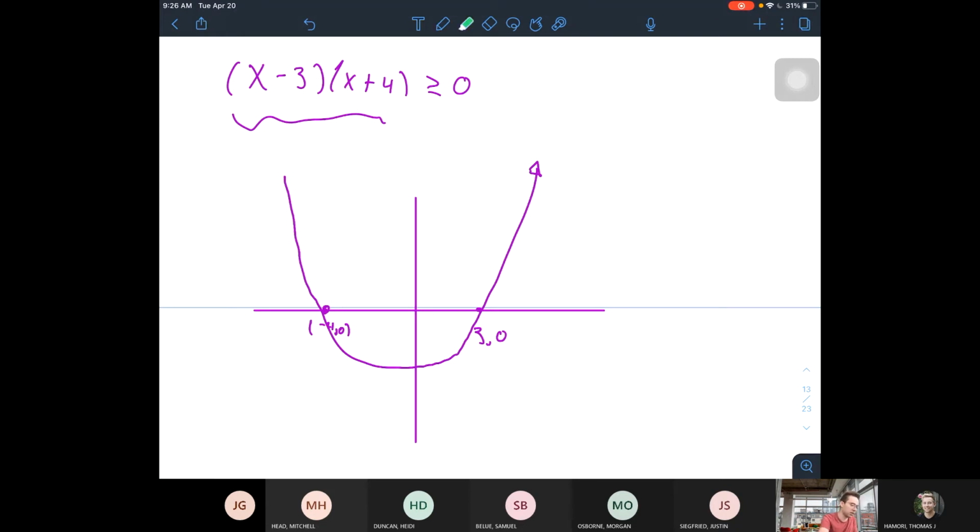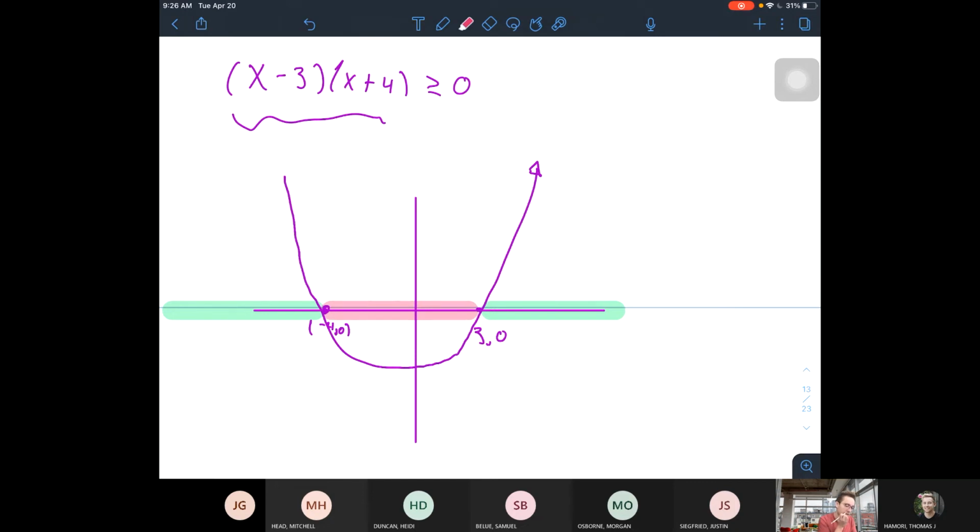So again, we can see the good region of where f of x, remember the height of this function, is exactly our quadratic expression. The good regions are the regions where the height of the function is above the x-axis, and the bad regions are where the height of the function is beneath the x-axis.